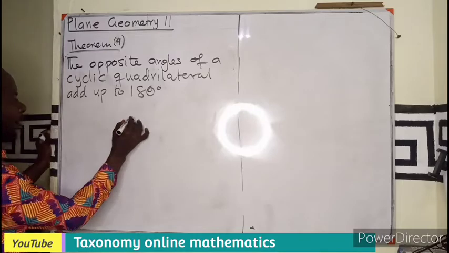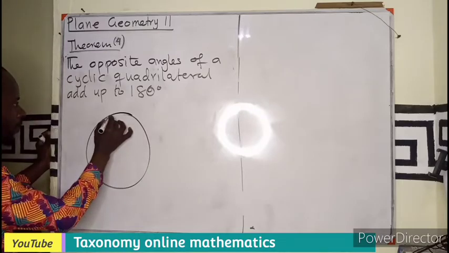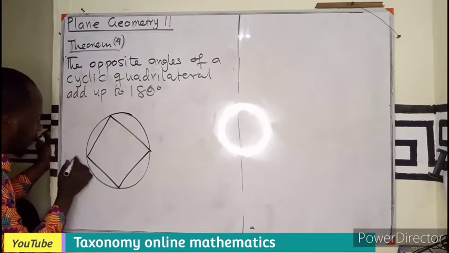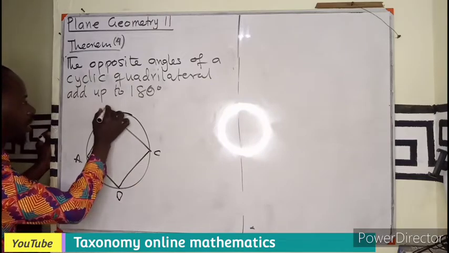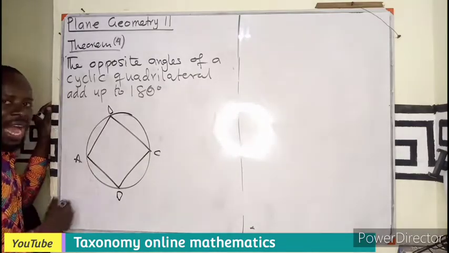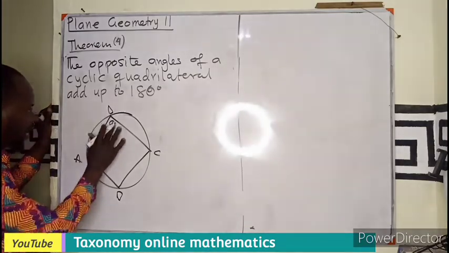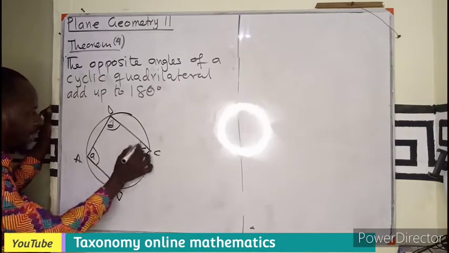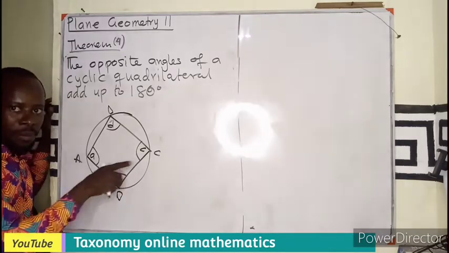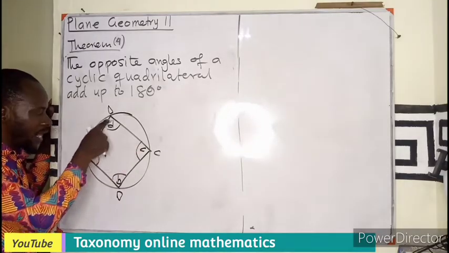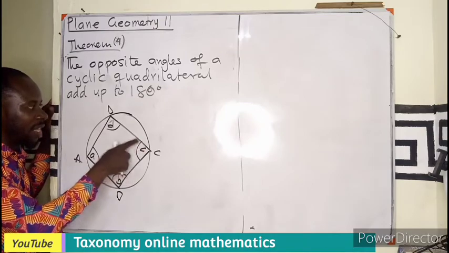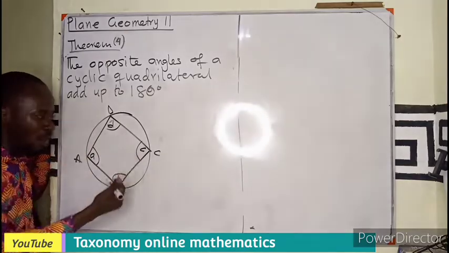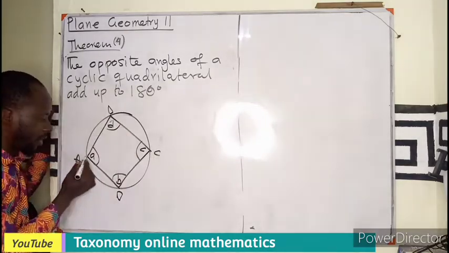So if I have a circle in this way and have, let's say, A, B, C, D, the angles we have here are formed by the vertices, or the corners. It is a quadrilateral because it has four angles, meaning four sides. It is cyclic because all the vertices touch the circumference.